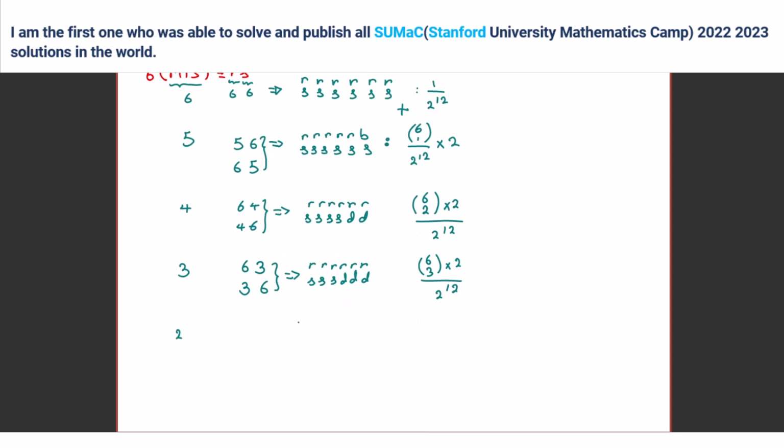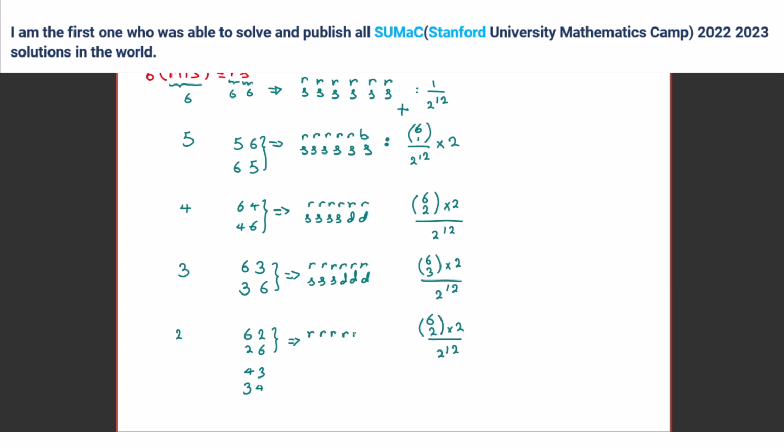What about 2? You have 6, 2, 2, 6, 4, 3, 3, 4. For this one, it will be what? 2 times 15 over 2 to the 12. 6 choose 2 times 2 over 2 to the 12, you said? Yeah.